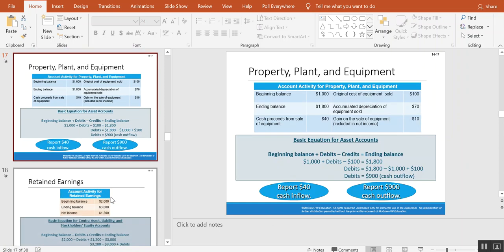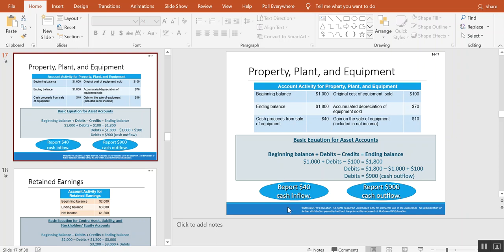So here's an example of account activity for plant, property, and equipment. You have a beginning balance, an ending balance, the original cost of equipment sold, the accumulated depreciation, and then a gain on the sale of equipment. And then you have some cash as well.